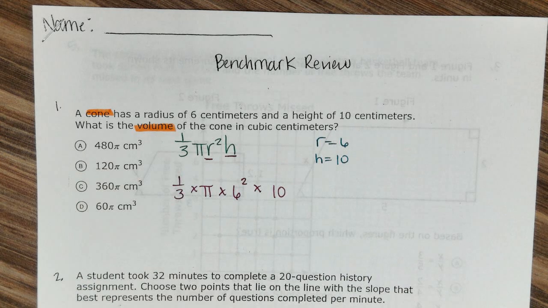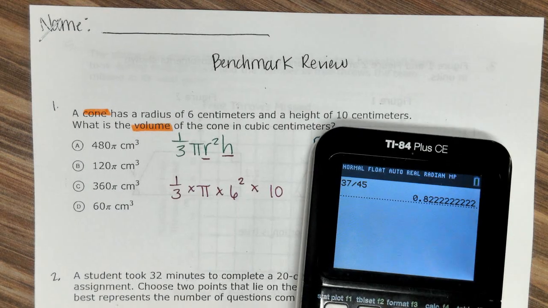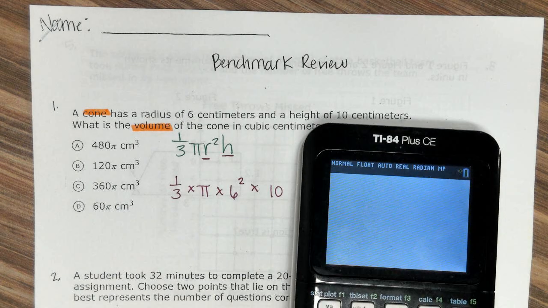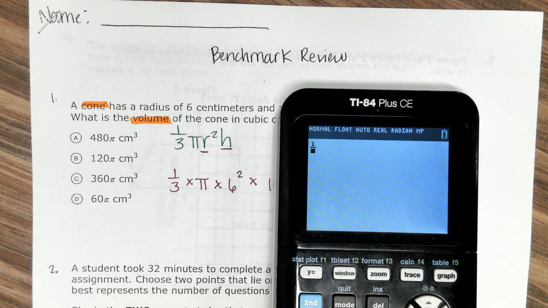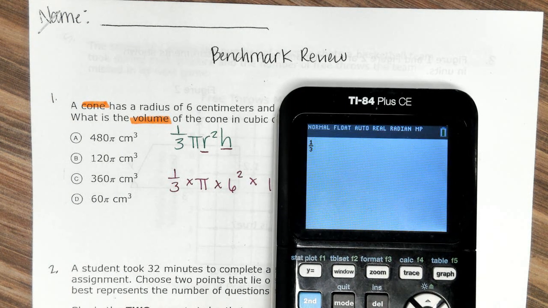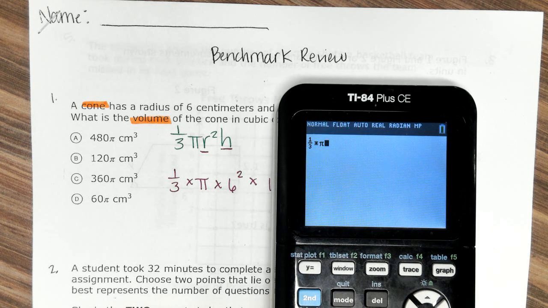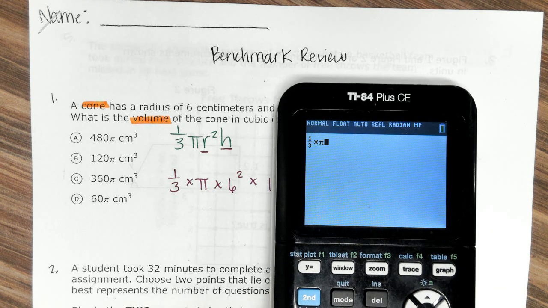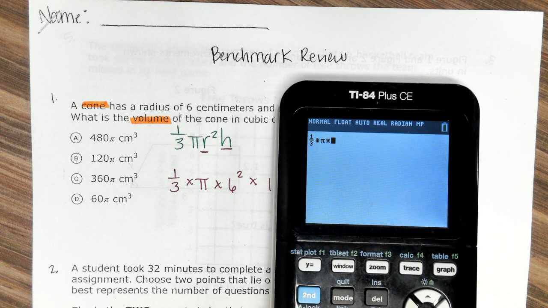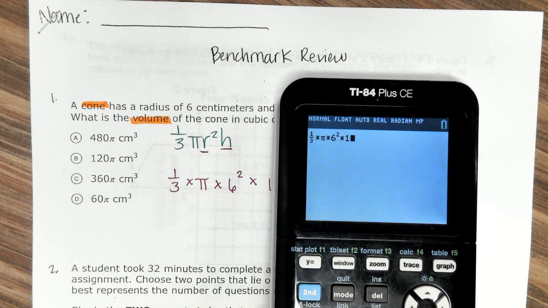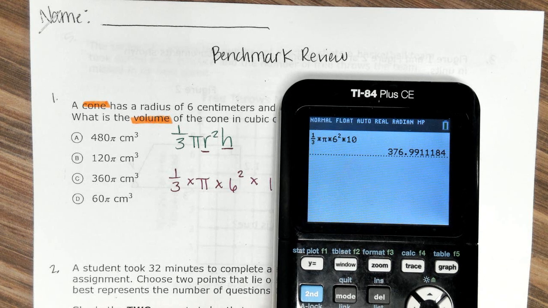And then I'm just going to put that in my calculator. Everybody should be putting it in. Everybody remembers where pi is, yes? And there's our answer, 376.